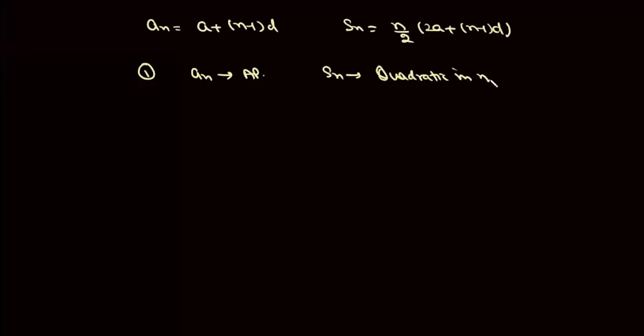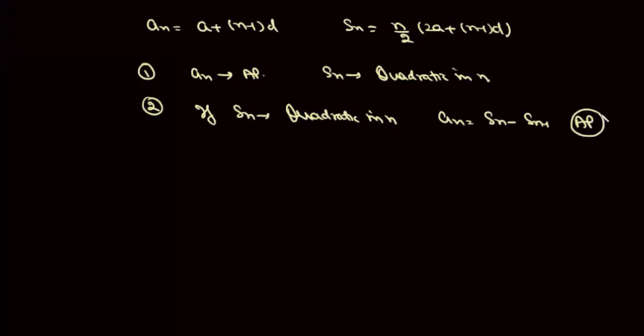So for an AP, its sum will always be quadratic in n. Second result is, if Sn is quadratic in n, then An, which is Sn minus S(n minus 1), will be an AP, and this term will be a linear term.